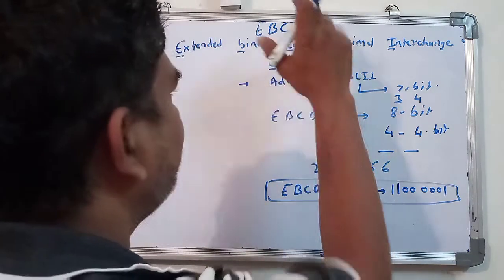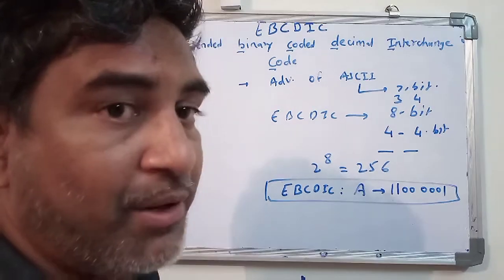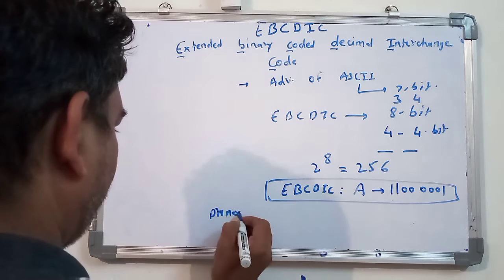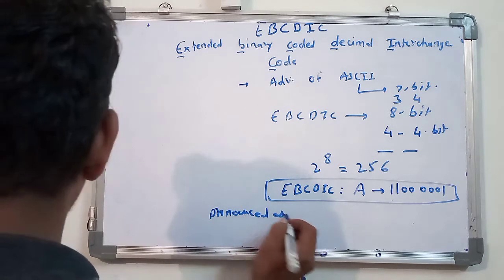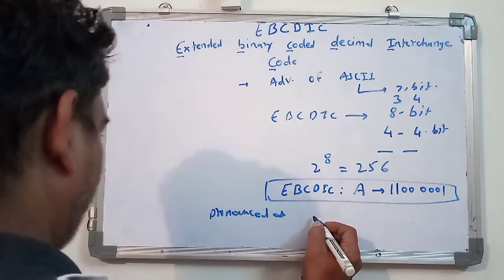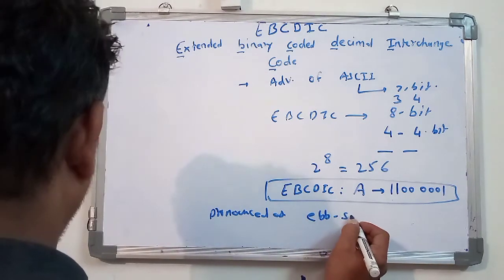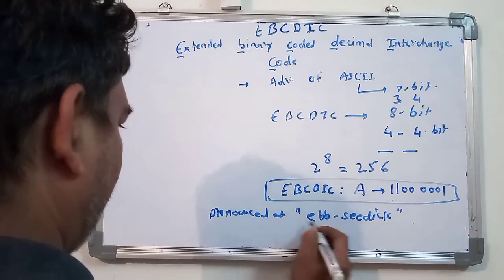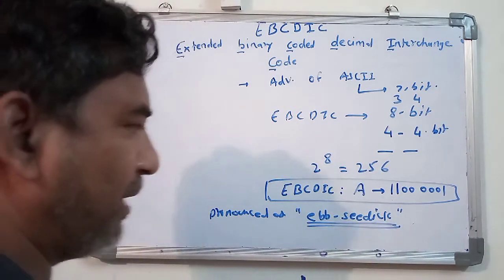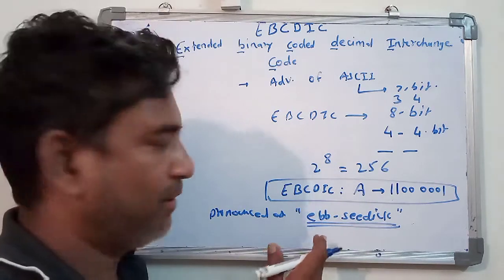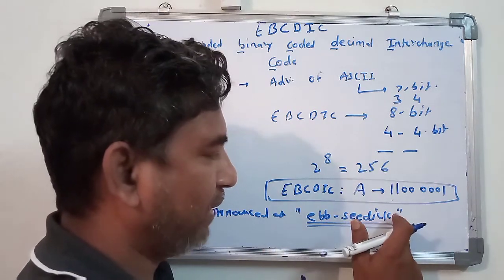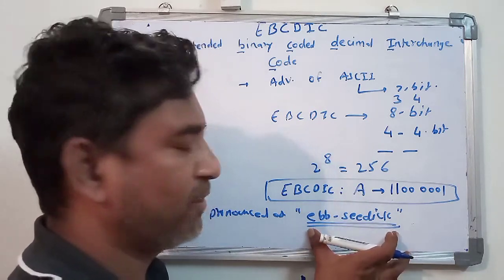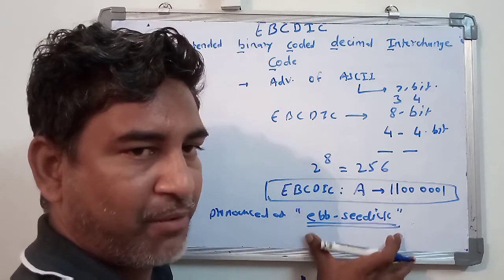EBCDIC is pronounced as "EBCDIC". This spelling is very much important, because there are many similar spellings. In a question paper you have to keep this spelling in your mind.